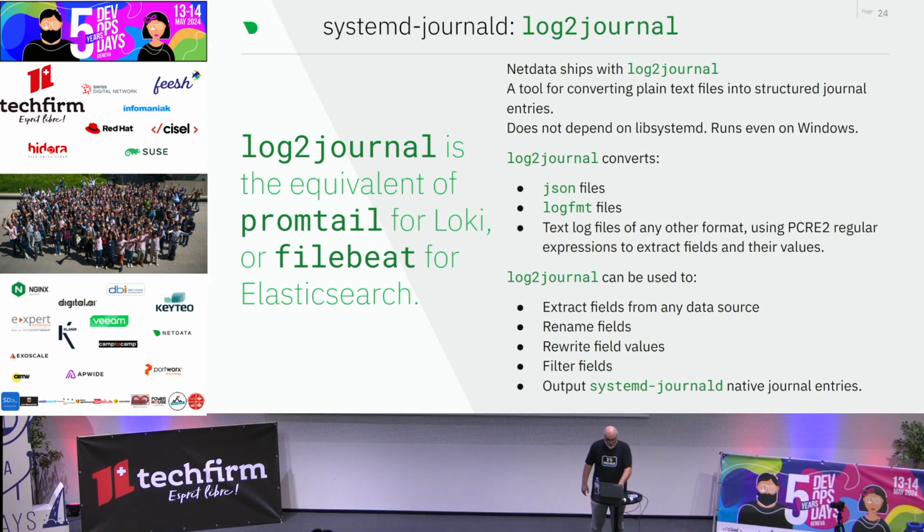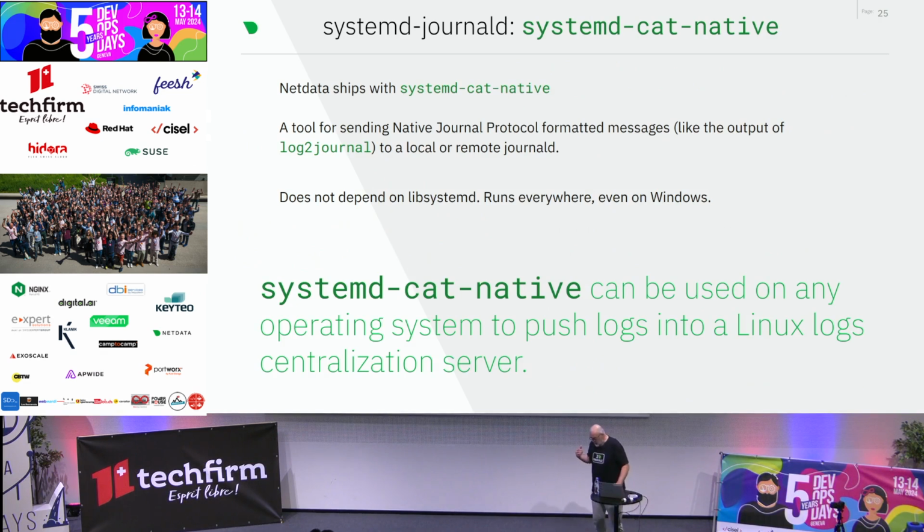And another tool, there is a tool already called systemd-cat. Do you know that? It just pushes an entry to the systemd journal. The problem with this is that it's not structured, so you can only give a message to it. We created systemd-cat-native, which takes as input the key value pairs that systemd journal requires.